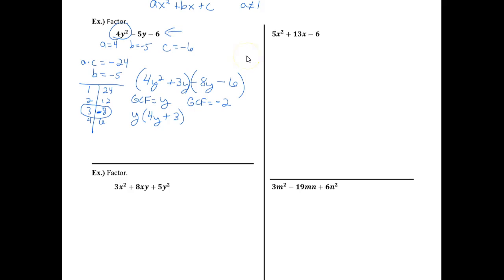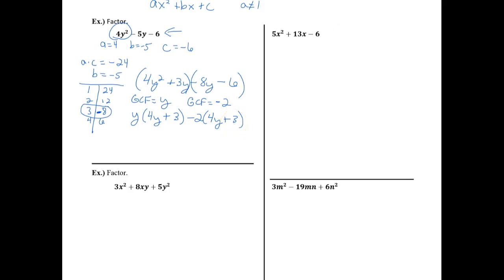The second group, I took out a -2 for the GCF, and I would be left with a +4y plus 3. So again, all I do is take -8y, divide by -2, gives me +4y. -6 divided by -2 gives me +3.